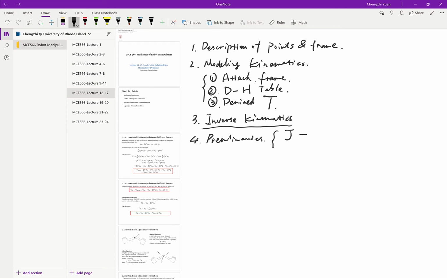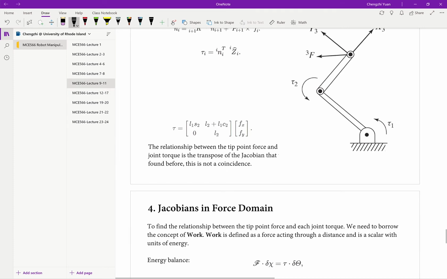So the Jacobian matrix will be used to connect the tip point's velocity with the joint variables velocity. And for this part we have two sets of equations. One set is for revolute joints, the other set is for prismatic joints. So let me remind you what I mean by two sets of equations.